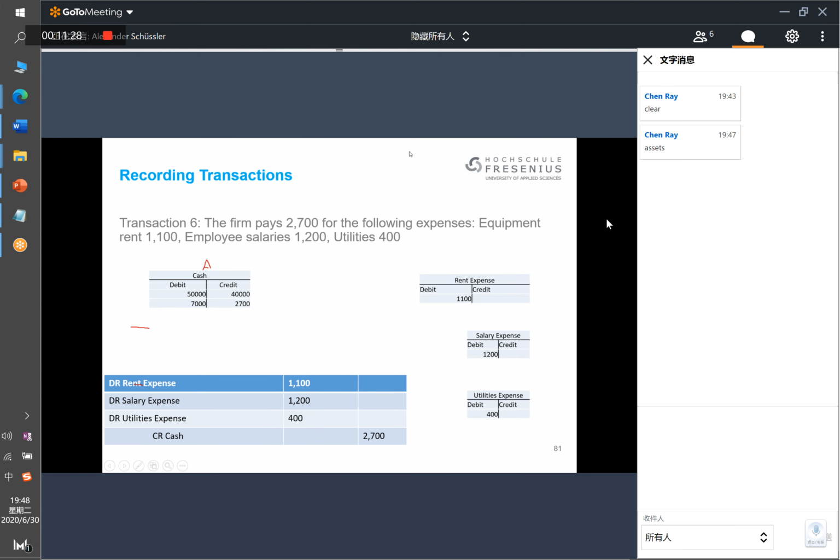The firm pays 2,700 for the following expenses: equipment rent, employee salaries, and utilities. So you debit rent expense, you debit salary expense, you debit utility expense, and you credit cash.